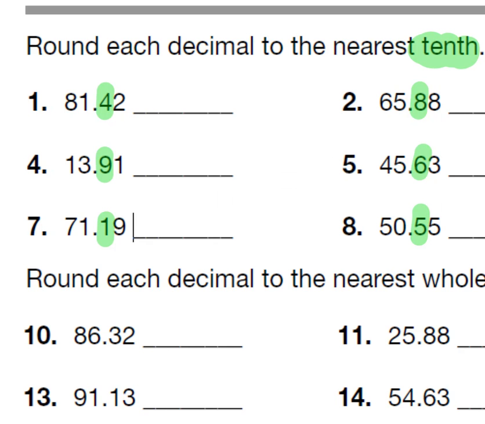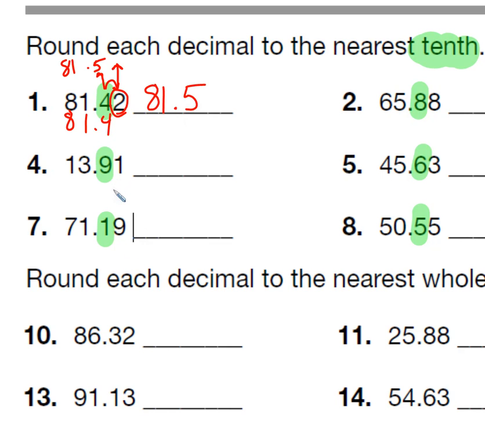So we mark the space, we look to the right. 4 or less will stay and rest. So this is either going to stay and rest at 81 and 4/10, or it's going to move up a floor and go up to 81 and 5/10. Well, since we have a 2 in the hundredths place, that tells us we need to go up. And so this would round up to 81 and 5/10.